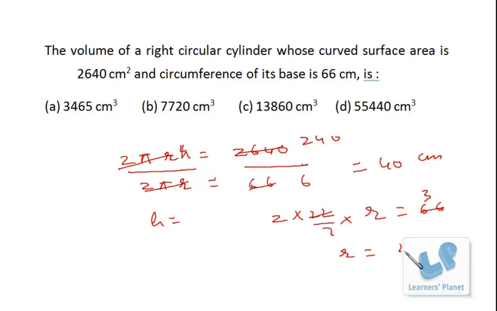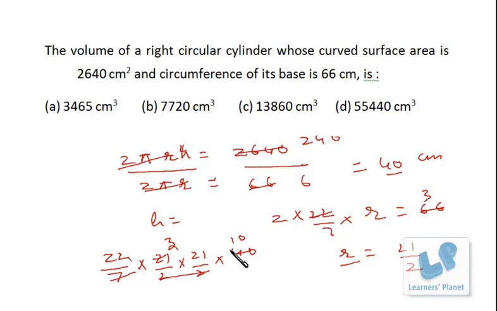So r is 21 by 2, right? We got the value of r, we got the value of h. So just put the values in the formula pi r square h. So it's 22 by 7 into r square into h, right? Just multiply these and you will get your answer.